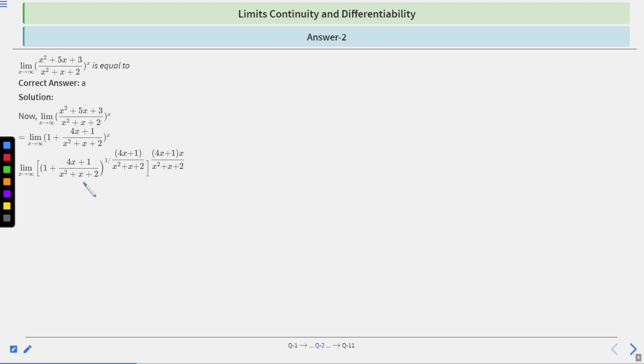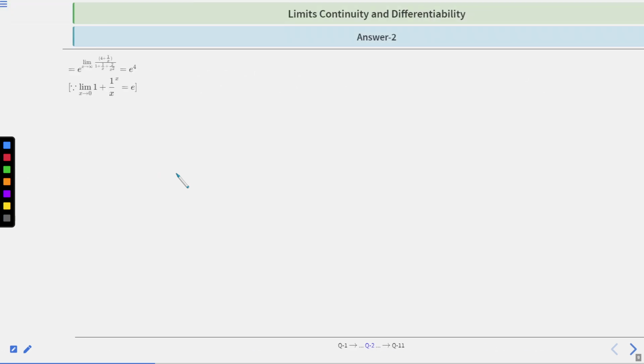Which can be further simplified as limit x tending to infinity (1 plus (4x plus 1) upon (x square plus x plus 2)) to the power (x square plus x plus 2) upon (4x plus 1), into (4x plus 1) into x upon (x square plus x plus 2), right, clear?